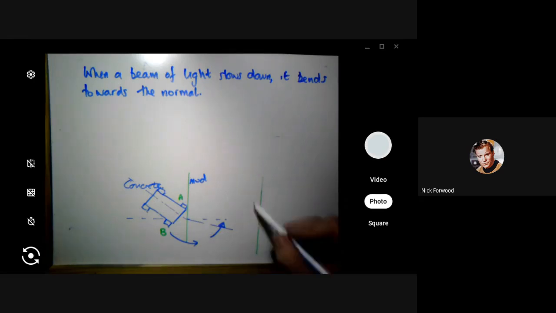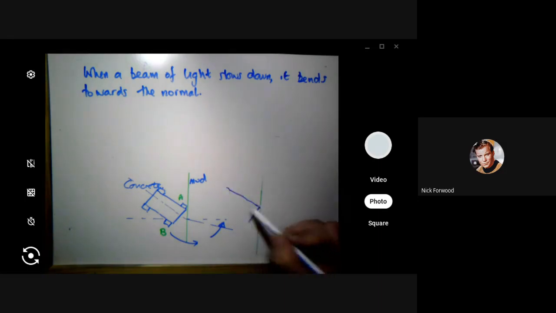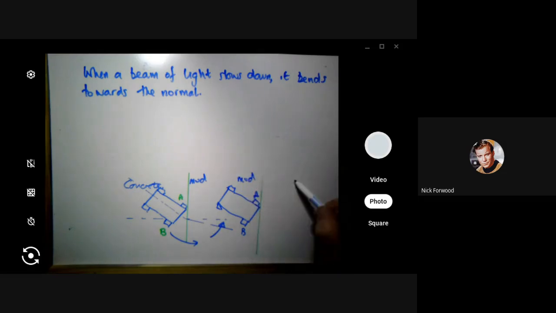Here's the tractor, here's wheel A, here's wheel B, with the wheels at the back. This is the mud, and then it goes back onto the concrete, back onto the road.